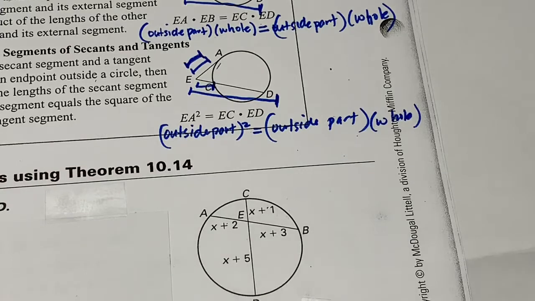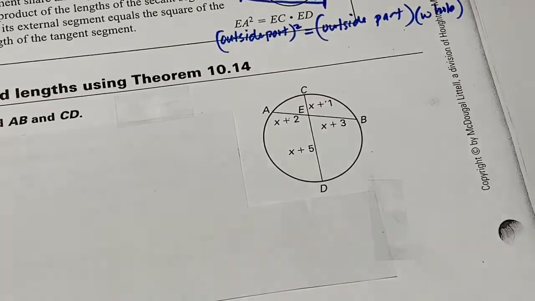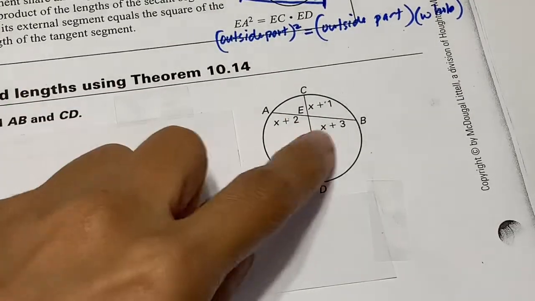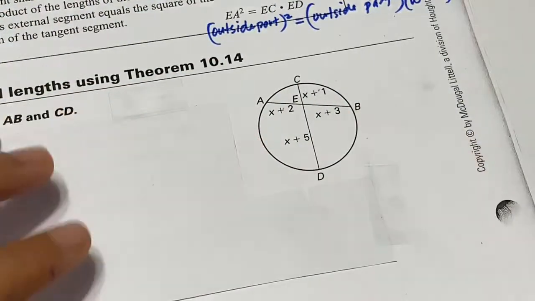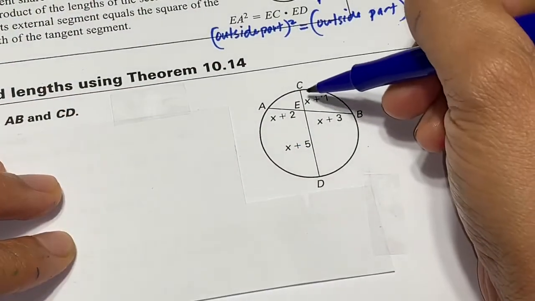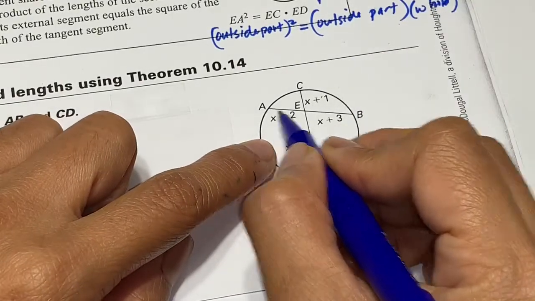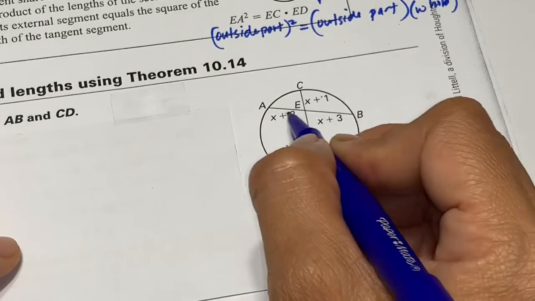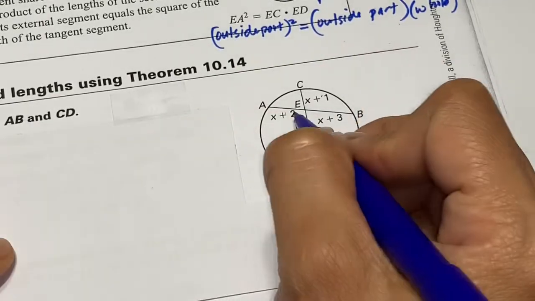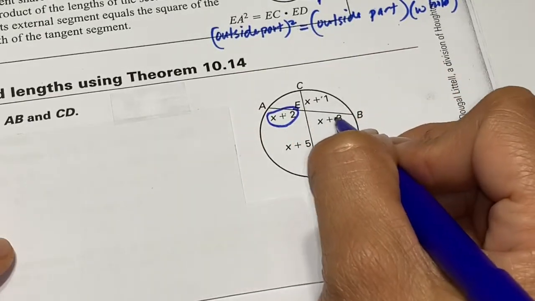Okay, so here you go. Next one, so these are all insides, these are chords. So just take all the 4 pieces. Start with chord AB. Again, it doesn't matter which one you start with. So AB, so just take x plus 2 times x plus 3.